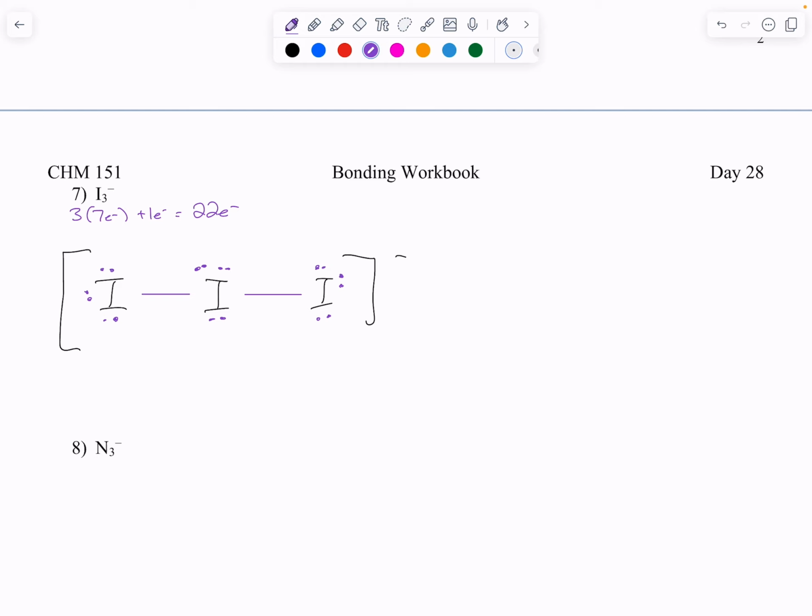Looks like the terminal atoms are good, and the central atom has 10. Not a problem. So how many pairs? Electron pair geometry looks like 5 pairs, trigonal bipyramidal.